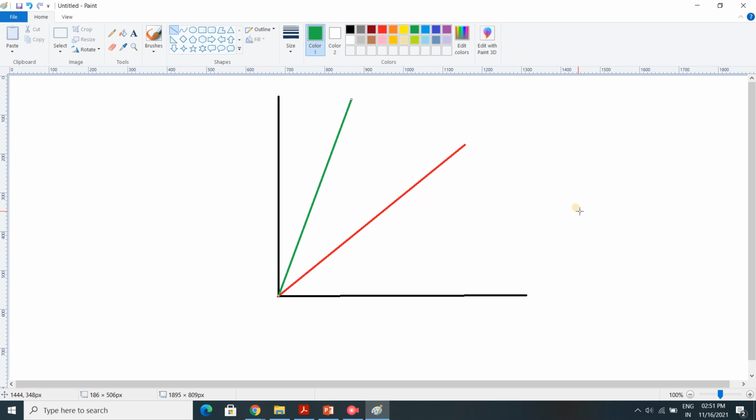Now you want the slope to be like this. This is time, and this is amplitude, r(t). If this is 2, then this will be 2.